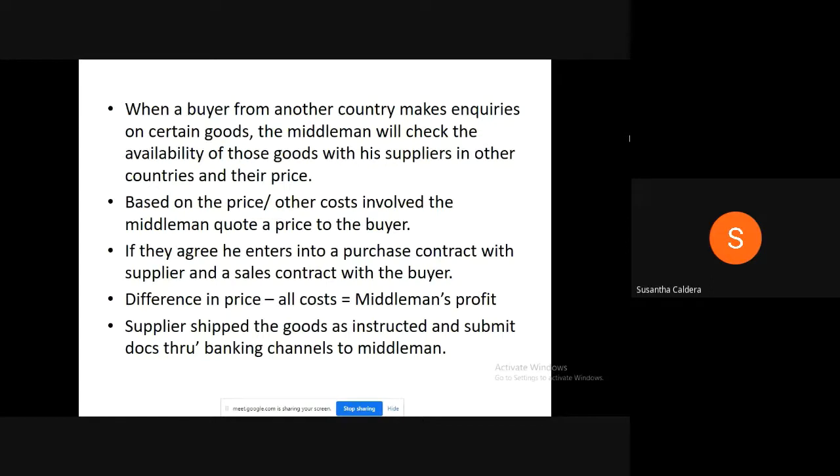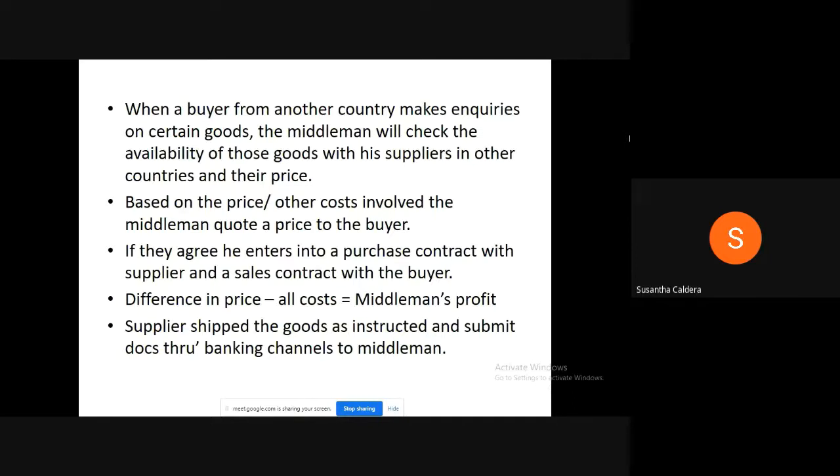Right? So based on the price and the costs involved, the middleman quotes a price to the buyer. This is what I have explained to you with the case study. If they agree, he enters into a purchase contract with the supplier and a sales contract with the buyer.